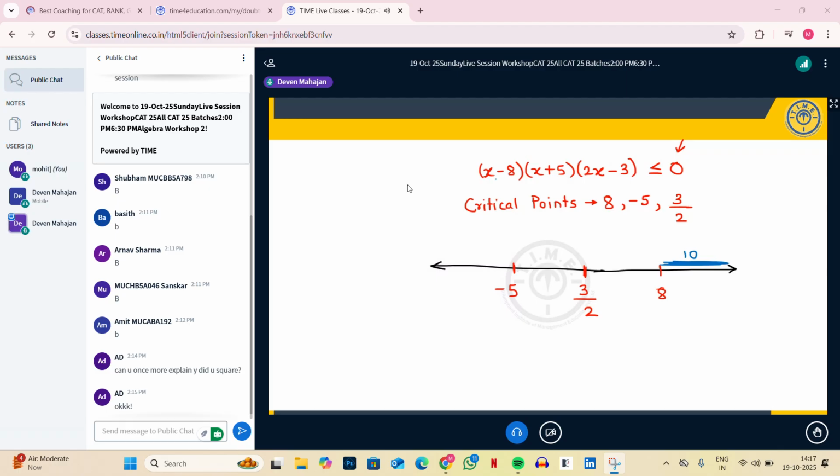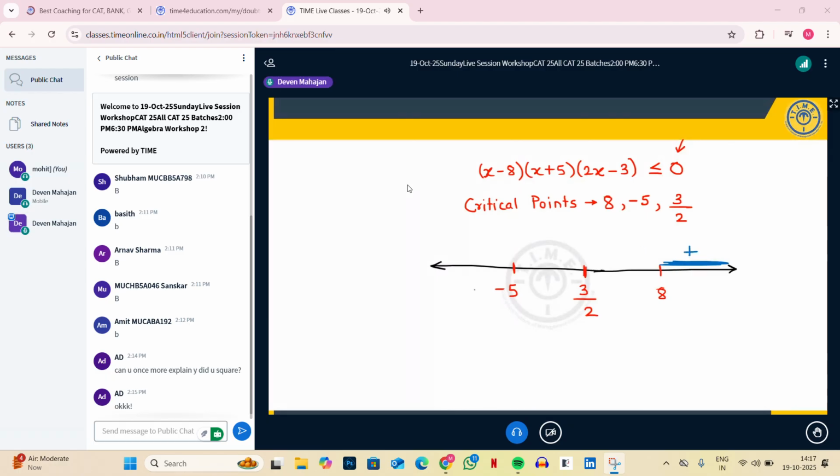So x को अगर आप 10 लेते हो, 10 minus 8 will be positive, 10 plus 5 will be positive, 2 times 10 minus 3 will be positive. ये left hand side के तीनों terms positive आने वाले. Okay, you take any value of x more than 8 and test. All these terms are positive. That means the product on the left hand side will be positive. आपको left hand side एक positive number मिलेगा.